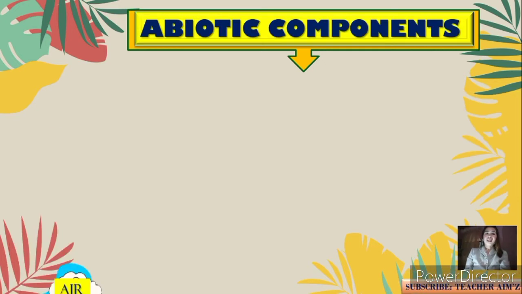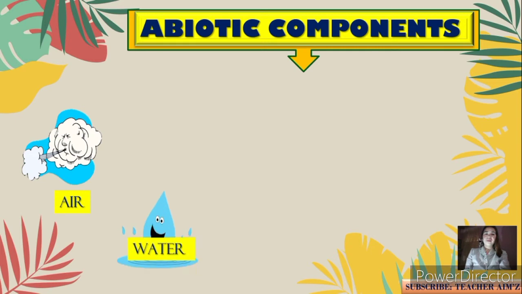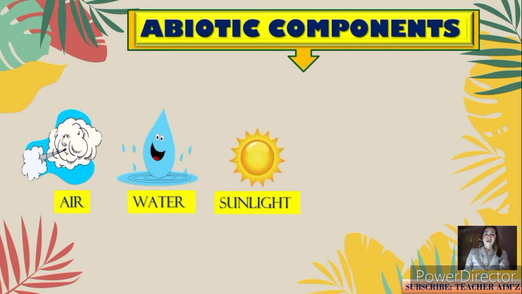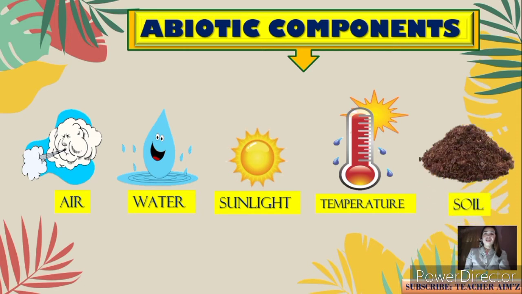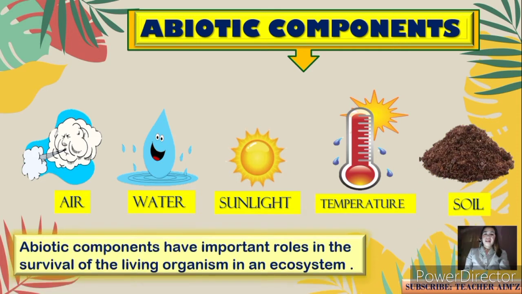Abiotic components include air, water, sunlight, temperature, and soil. These abiotic components have important roles in the survival of all living organisms in an ecosystem.